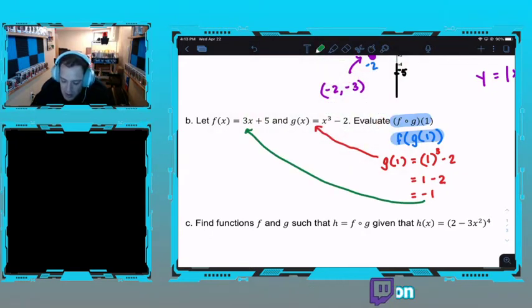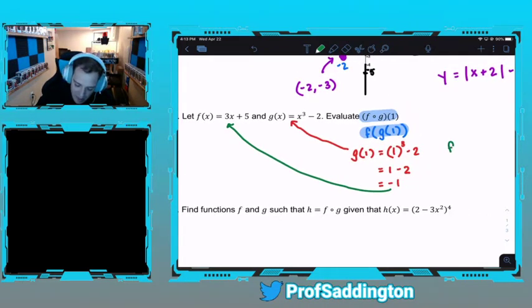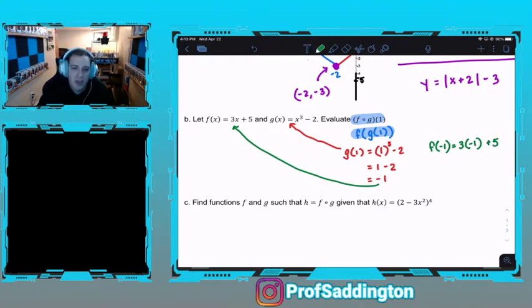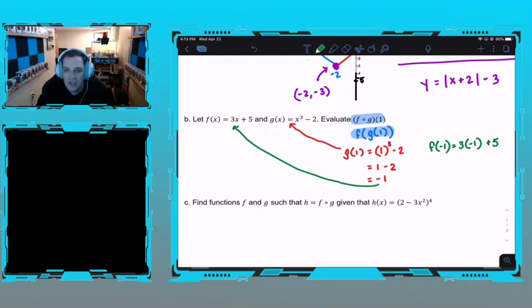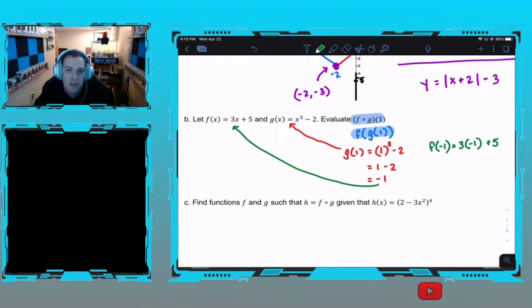So I'm substituting it in. f of -1 is equal to 3 times -1 plus 5. And I've been checking your work, and composition doesn't seem to be too big of an issue for you. I just wanted to point this problem out because that little circle is not how we always see it. So I just want to make sure you know that the representation is the same.